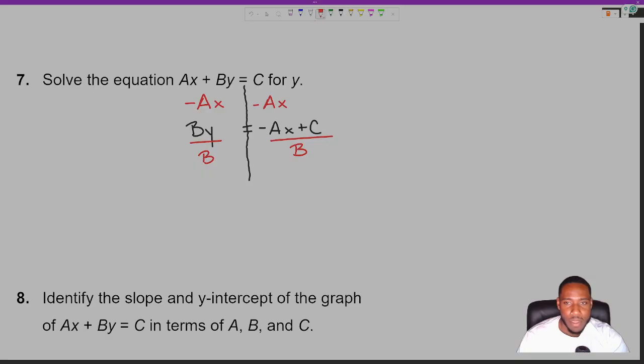All right? And so what that's going to leave us with is y is equal to negative a over b times x plus c over b. And that's that.